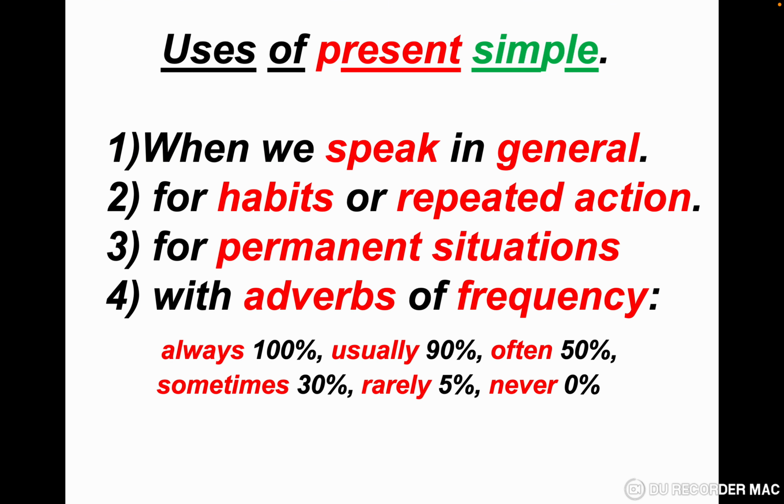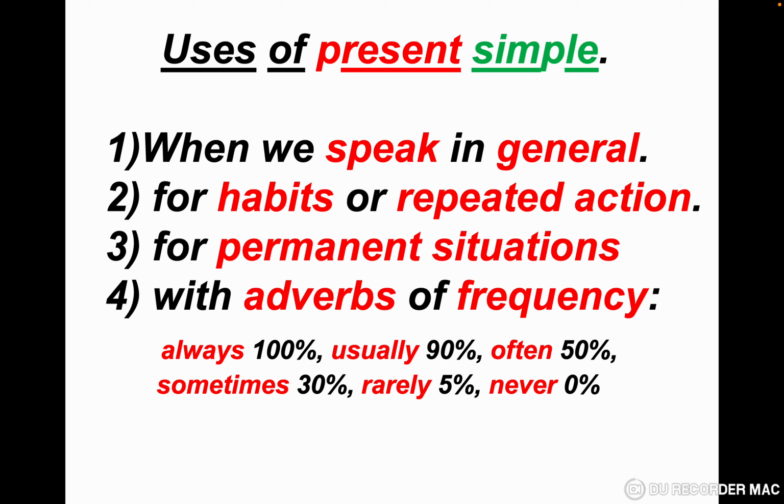The uses of present simple. When do we use present simple? We use present simple when we speak in general, not now. For example, when I say I play football, it means in general I play football, it's not now.